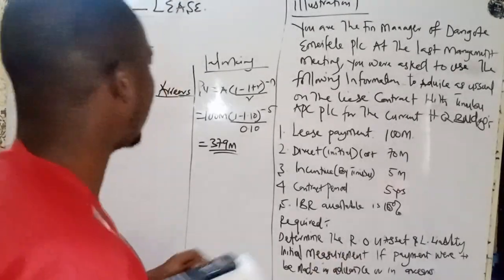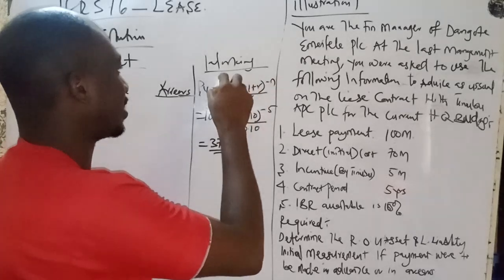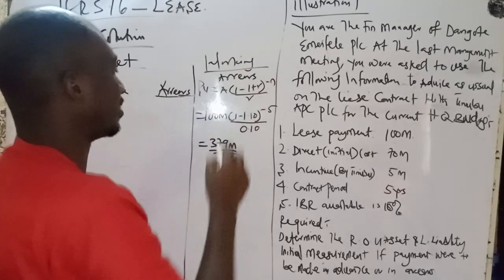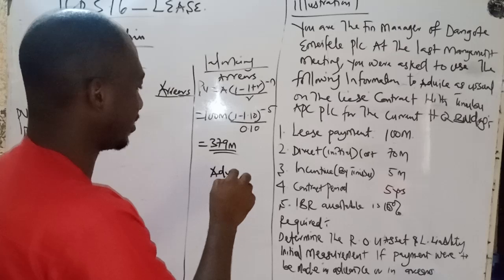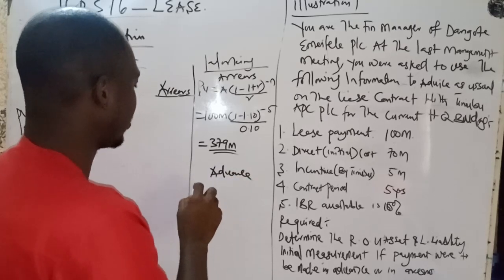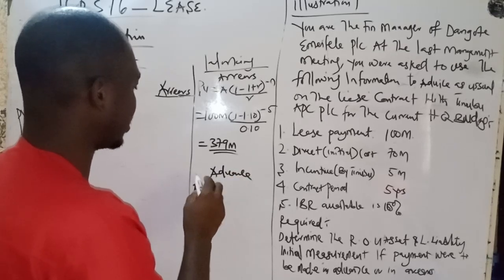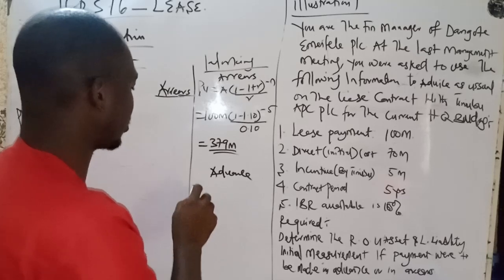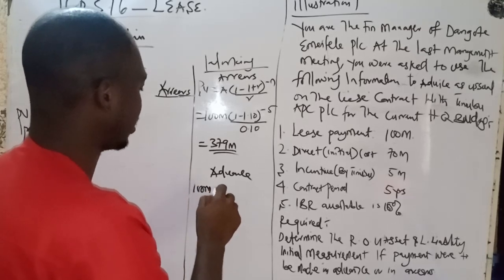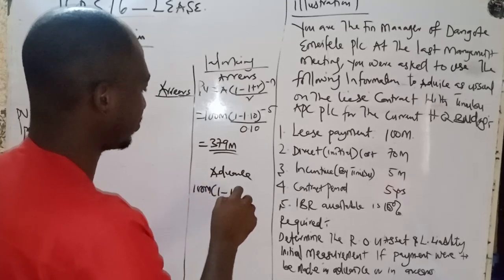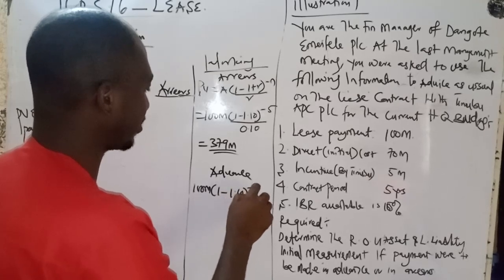So this working is for the one in arrears. The one for advance will now be the present value. The formula is the same formula. Just put 100 million into 1 minus 1.10 raised to power minus 4.